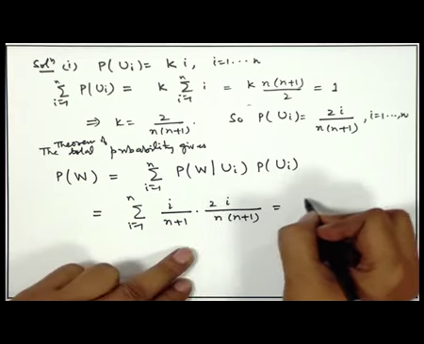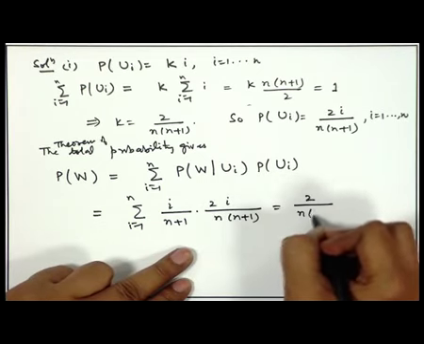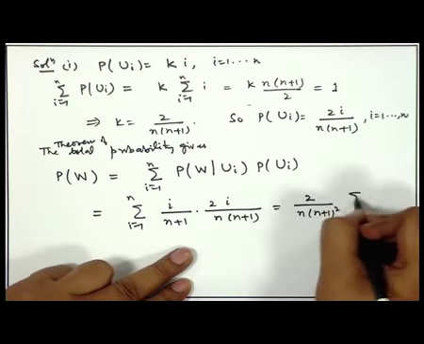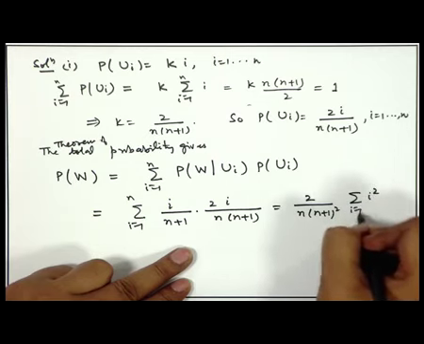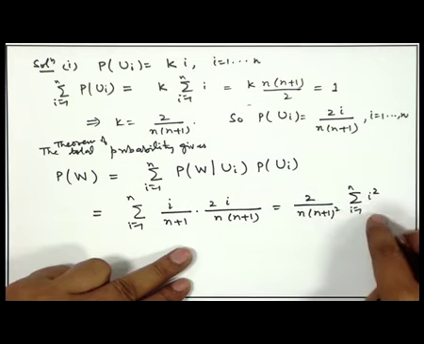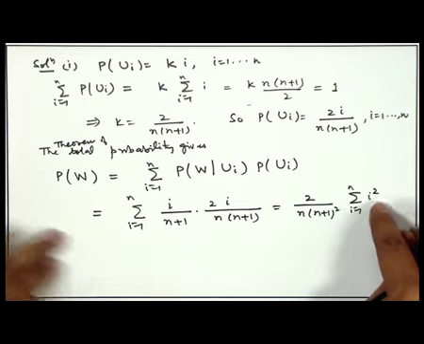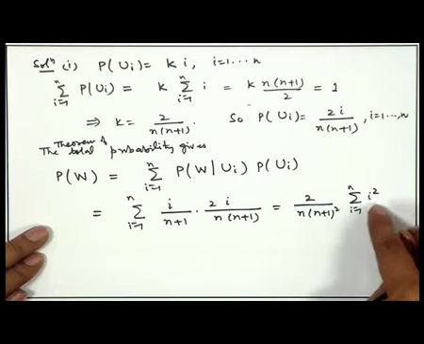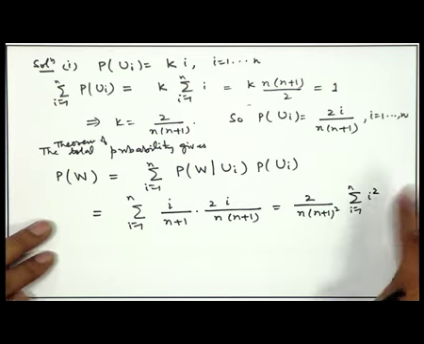So, this you can see, it is 2 divided by n into (n plus 1) square, summation i square, i is equal to 1 to n. That is the sum of squares of first n positive integers. The formula is known, that is n into n plus 1 into 2n plus 1 by 6.